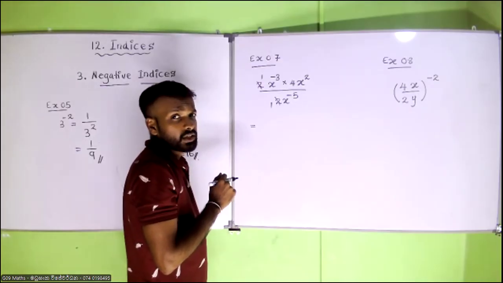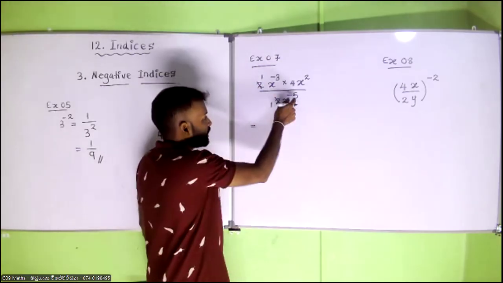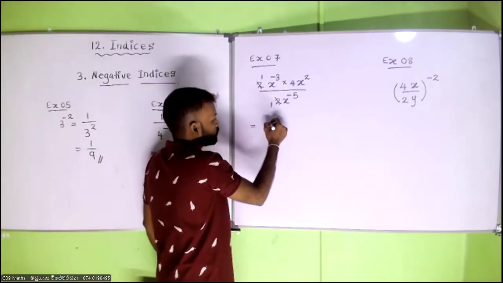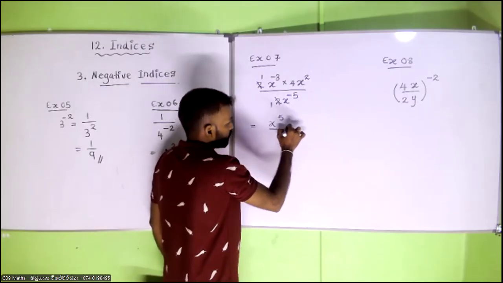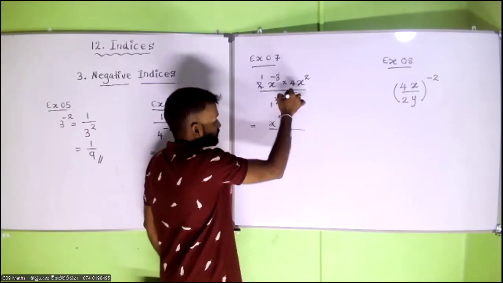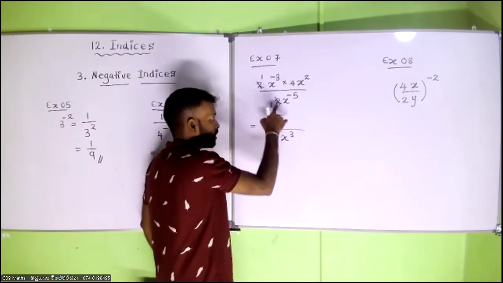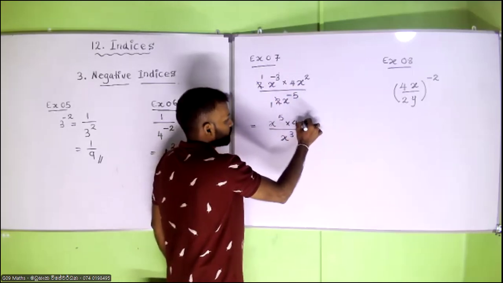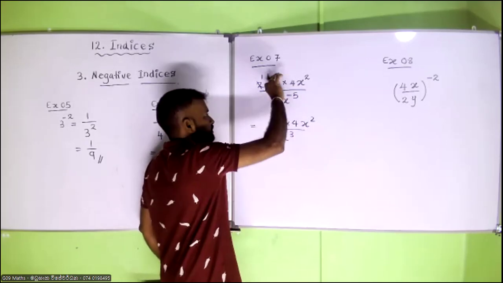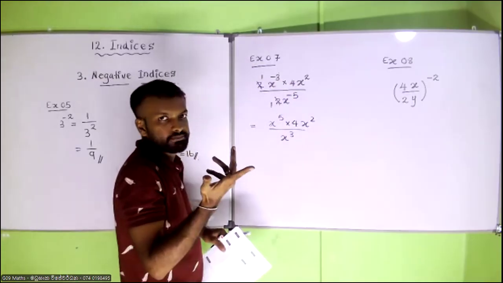But then negative powers, right? Reciprocal. Upside down. X to the power 5 goes to the top. X to the power minus 3 goes to the denominator, reciprocal of these two. And here you have multiplied by 4x to the power 4. That's all. Just take the reciprocal and the positive power. Very easy.